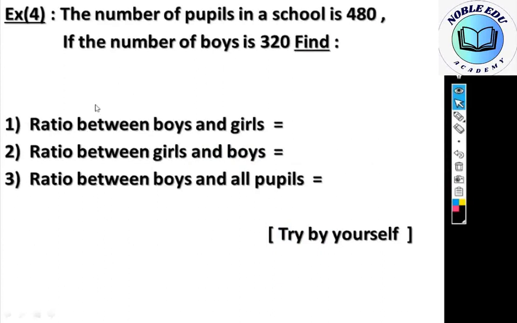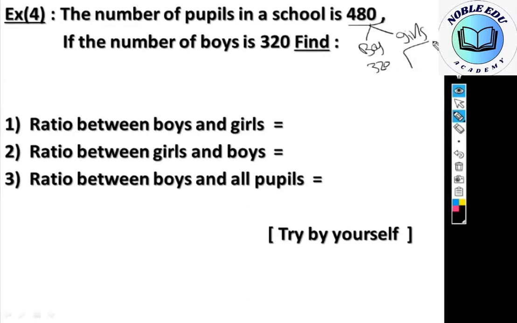Another example: the number of people in the school is 480 and the number of boys is 320. Find the ratio between the number of boys and the number of girls. Look here, I have the number of all students in the school, 480, boys and girls, but only 320 for boys.